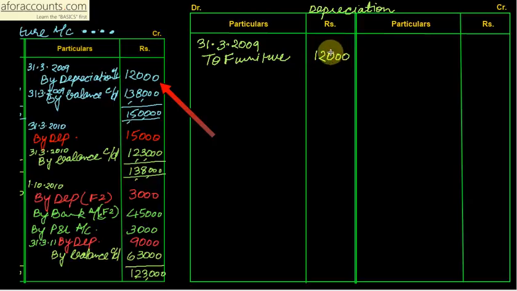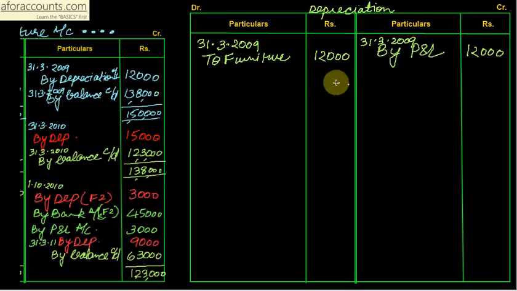And simultaneously transfer whatever depreciation it is to the P&L account. So P&L account debit to depreciation. In the depreciation account, 'to depreciation' never comes. So by P&L on 31/3/2009, same amount of depreciation here, 12,000, and balance close it.